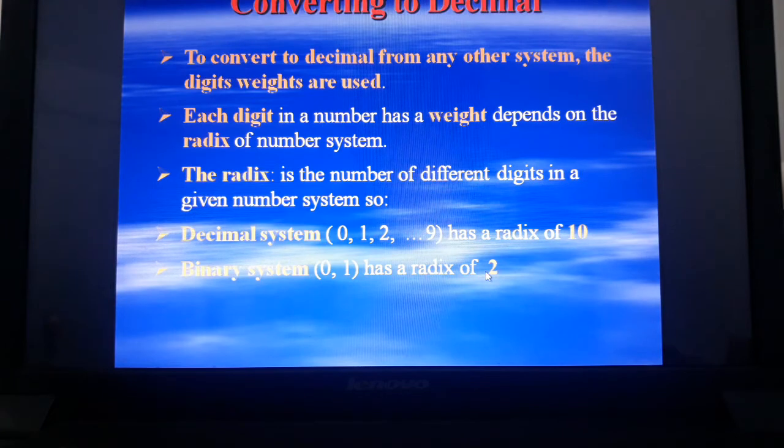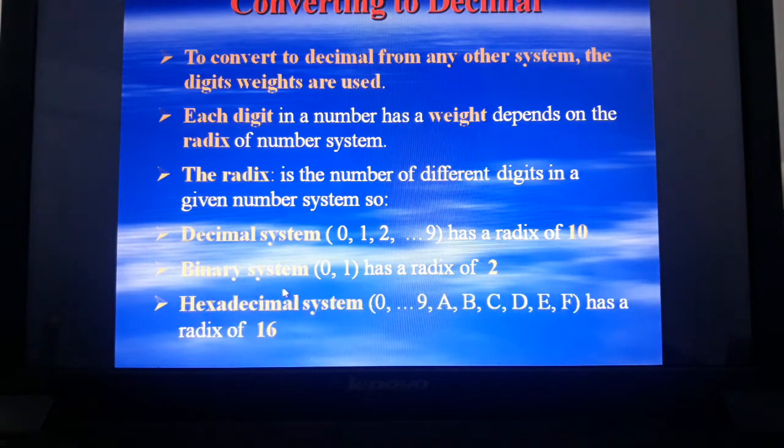Hence the radix is 2. For hexadecimal system, the digits are from 0 to 9, which are 10, plus the alphabetical A, B, C, D, E, F. Hence, the number of digits is 16 and the radix is 16.